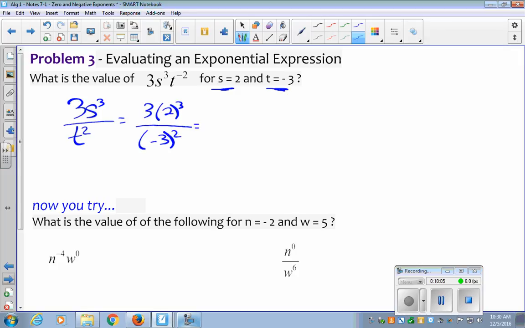2 to the third power, we did that on the previous page. It's 2 times 2 times 2, which is 8. So this is 3 times 8. And then negative 3 squared is negative 3 times negative 3, which is positive 9. The reason I didn't go ahead and multiply the 3 times 8 is I know 3 goes into 9 and 3 goes into 3.